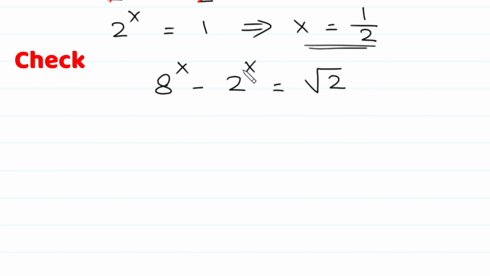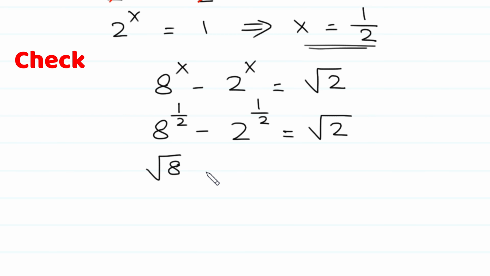In this equation we put the value of x, 1 over 2. 8 to the power 1 over 2 minus 2 to the power 1 over 2 is equal to square root of 2. This 8 to the power 1 over 2 is same as square root of 8 minus, and this 2 to the power 1 over 2 is same as square root of 2, is equal to square root of 2.